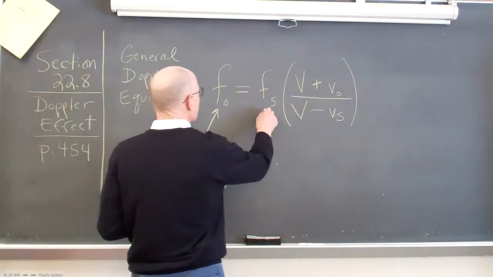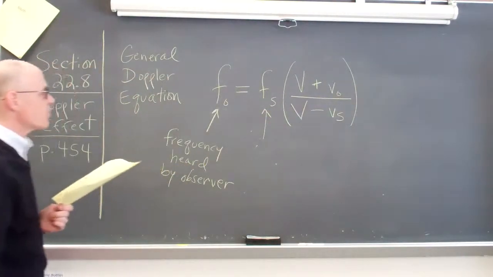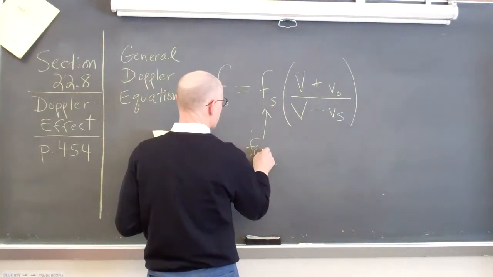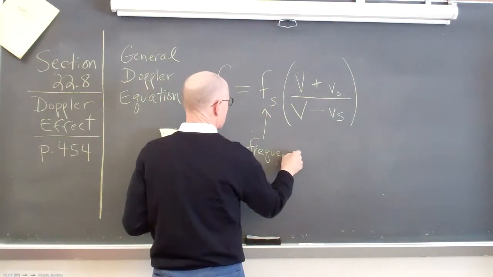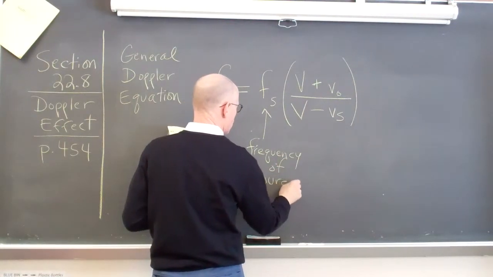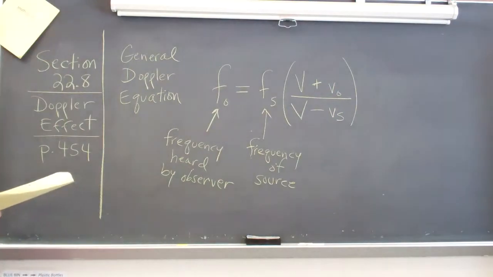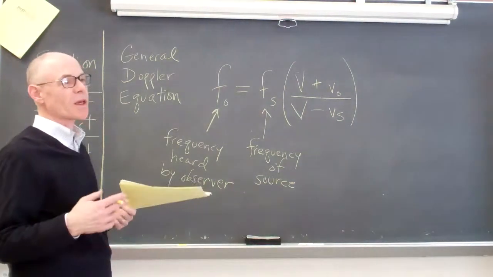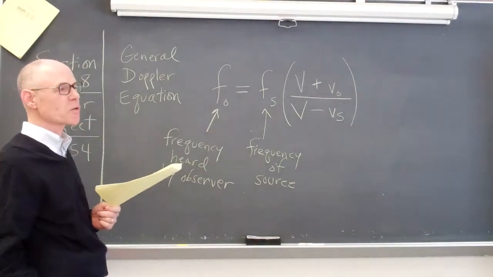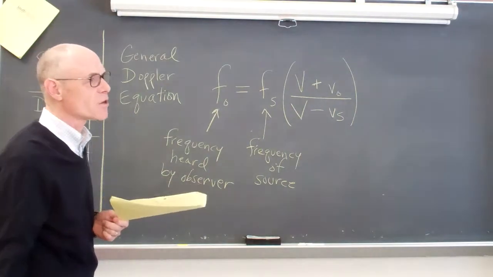Then the lowercase f with a subscript s is the frequency of the source. It's whatever frequency is being put out by the source of the sound. In our problems, we're going to be assuming that the frequency being generated by the source is constant. The actual frequency of the source of the sound is not changing.